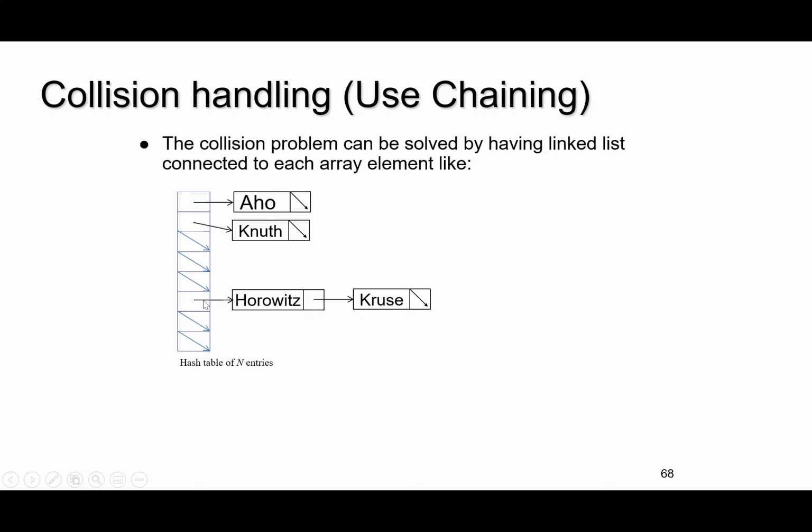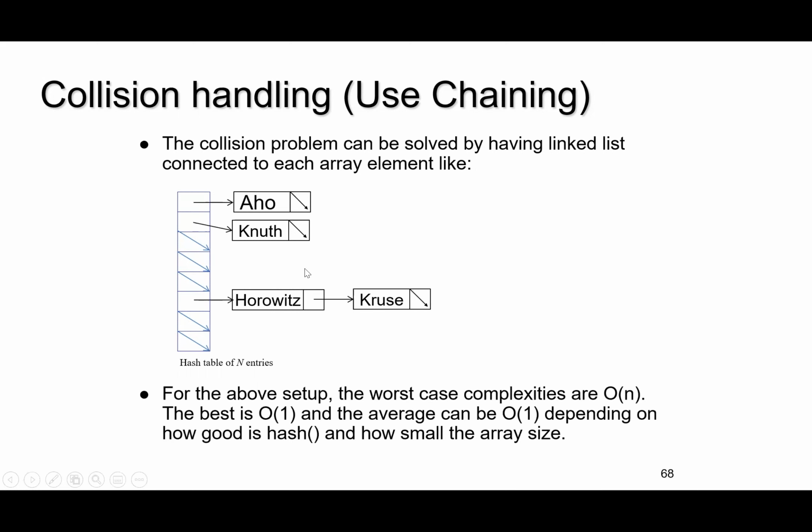So now, this is how I store: Aho in the first index, Nov in the second. Now in the fifth index, I store Horowitz. And then when it comes to Cruz, the hash is also 5, right? It doesn't matter. I just add one node to this linked list here in index 5. So this is how I can store 2 nodes by using a linked list. This method is called chaining.